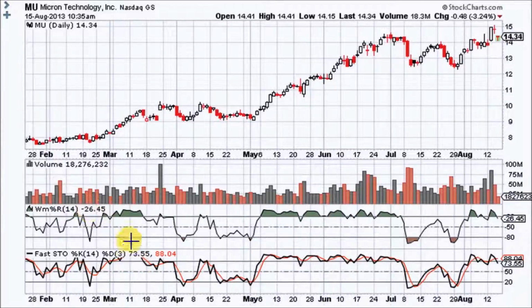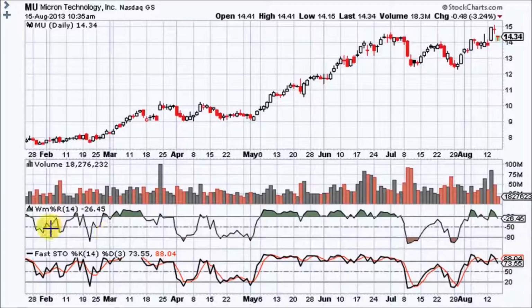If you add these two together, it's 100, because fast stochastic ranges from 0 to positive 100, and Williams percent R ranges from 0 down to minus 100.